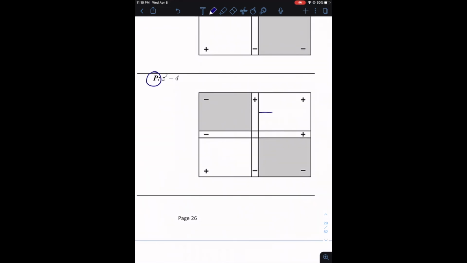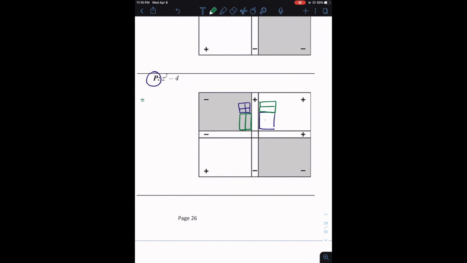So what we did was we put the z squared here, and then the minus 4 in the 2 by 2. And then we brought in zero pairs of negative vertical rods and positive horizontal rods.